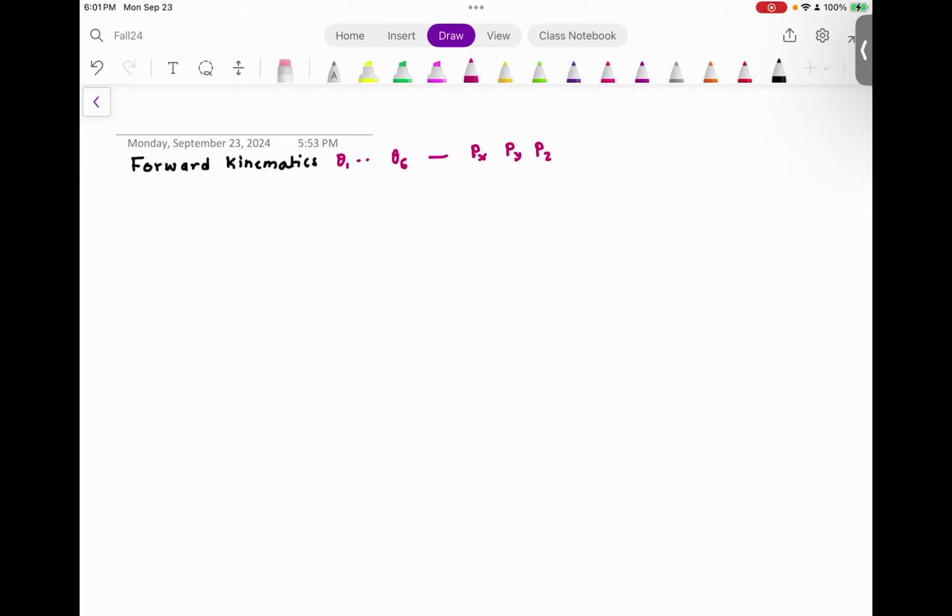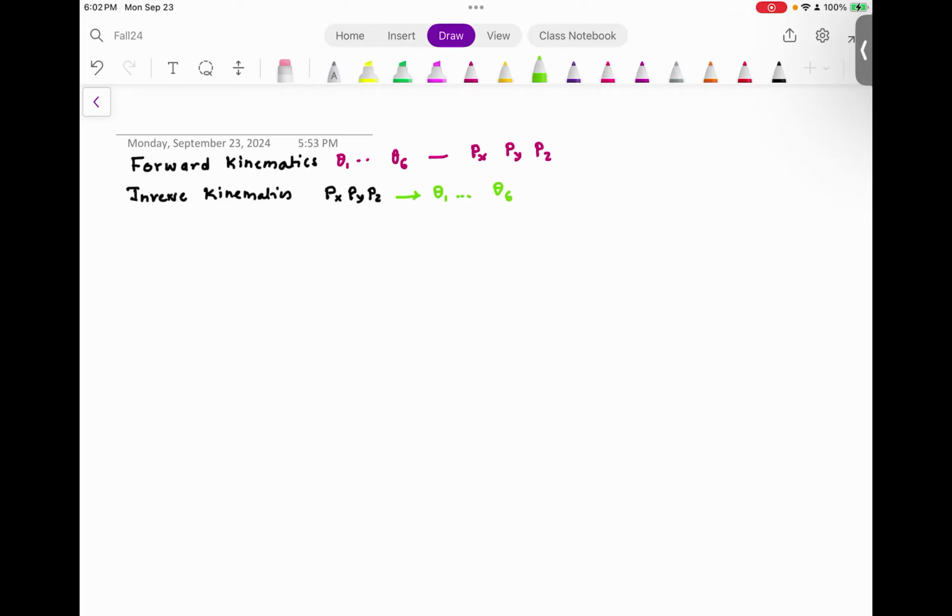In inverse kinematics, you provide px, py, pz, and try to find out the thetas, theta 1 all the way to maybe theta 6.